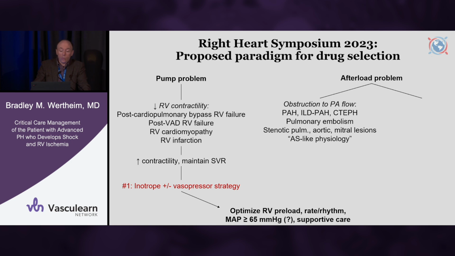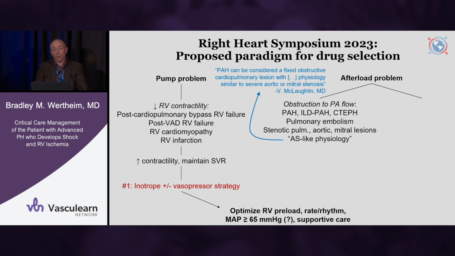We can also think about, in a similar light, people with mechanical obstructions to blood flow somewhere between the right heart and the left atrium, people with stenotic pulmonic and aortic valves. And I love this quote from Dr. McLaughlin, and I teach this to all of my residents, that when we're thinking about PAH, we can think of it almost as a fixed obstructive cardiopulmonary lesion in real time, because we know it's going to take a while for the pulmonary vasodilators to work in the ICU.